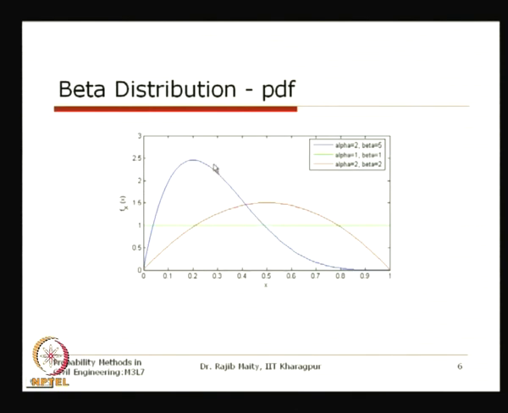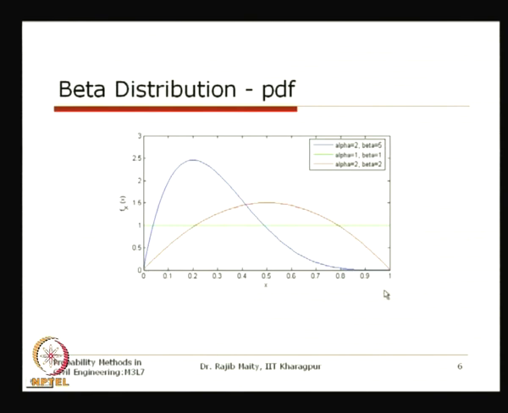Now, for this blue one, alpha equals 2 and beta equals 5, some value has been taken like this. And now, if we take alpha equals 1 and beta equals 1, then you see that this becomes flat, which is nothing but the uniform distribution over the range 0 to 1.